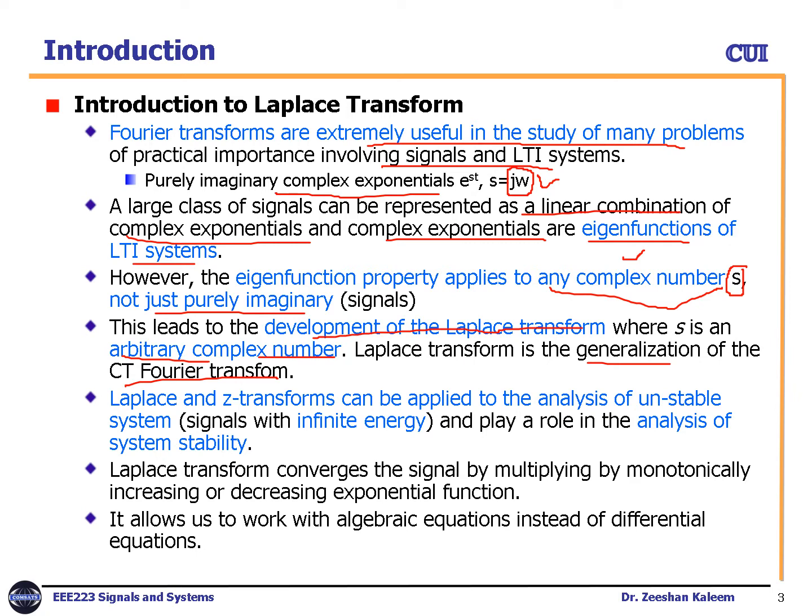Laplace and Z transforms can be applied to the analysis of unstable systems and signals with infinite energy. Usually we apply the Laplace and Z transforms to systems which are unstable, meaning they have infinite energy, and they play a key role in the analysis of system stability.